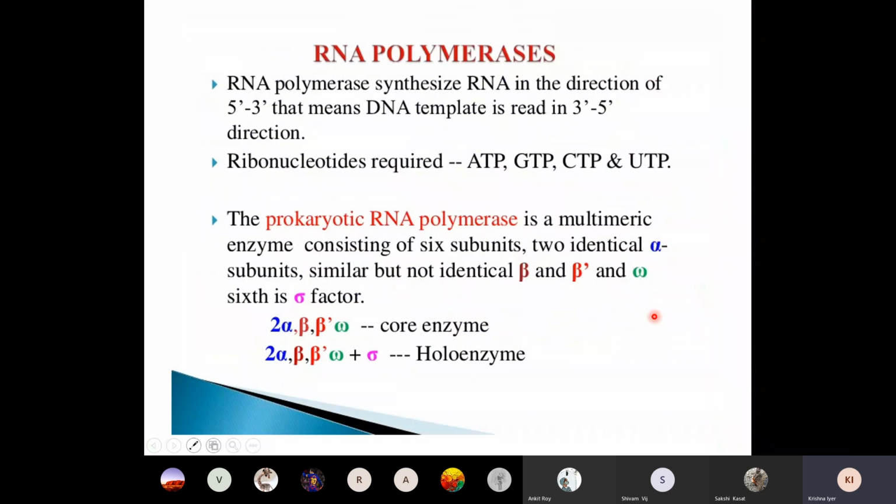Now RNA polymerases, on the other hand, are the ones which synthesize RNA and they use DNA as a template. So they are called DNA-dependent RNA polymerases, and they also do polymerization in the 5' to 3' direction, which means they will be reading the template which is present in the opposite orientation, just like it occurs in DNA replication.